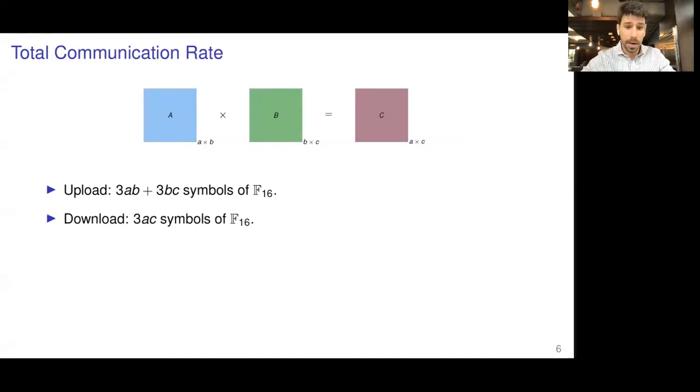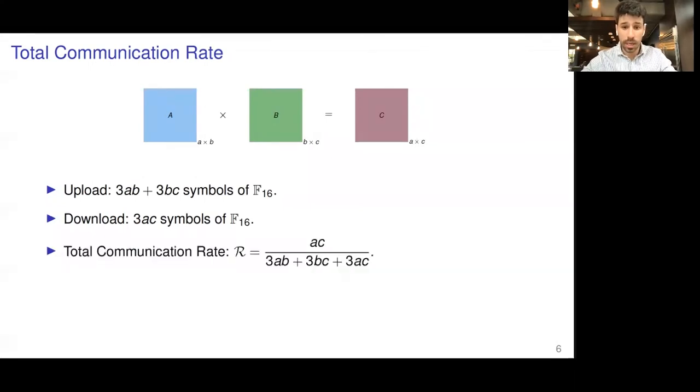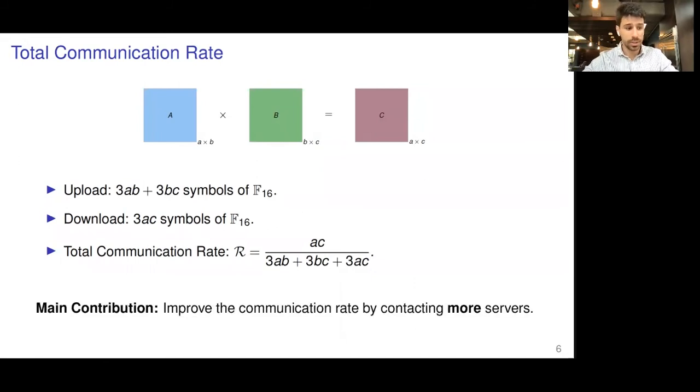Since the part of interest has size AC, our total communication rate will be AC over 3 times AB plus 3 times AC plus 3 times BC. So our main contribution in this work is to improve this communication rate by contacting more servers.